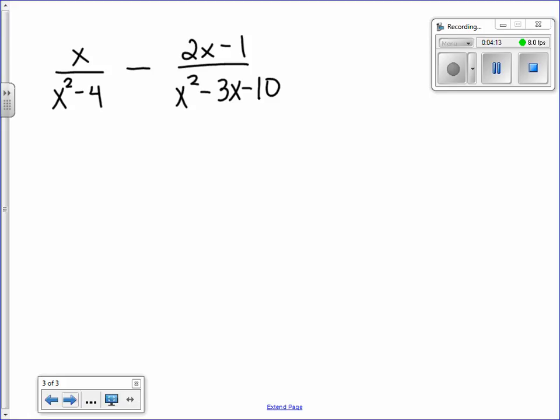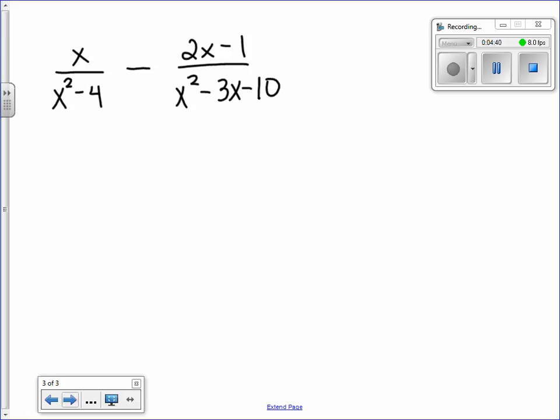Okay, so I have x over x squared minus 4 minus 2x minus 1 over x squared minus 3x minus 10. I need to find a common denominator. But before I can find a common denominator, I have to factor the denominators.